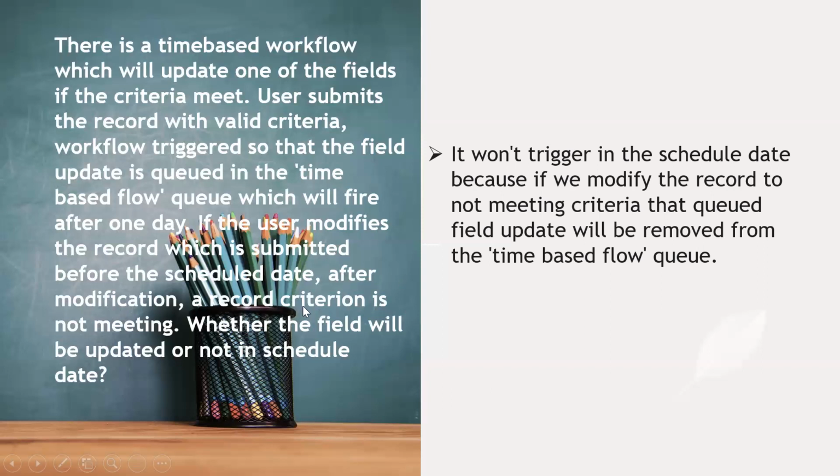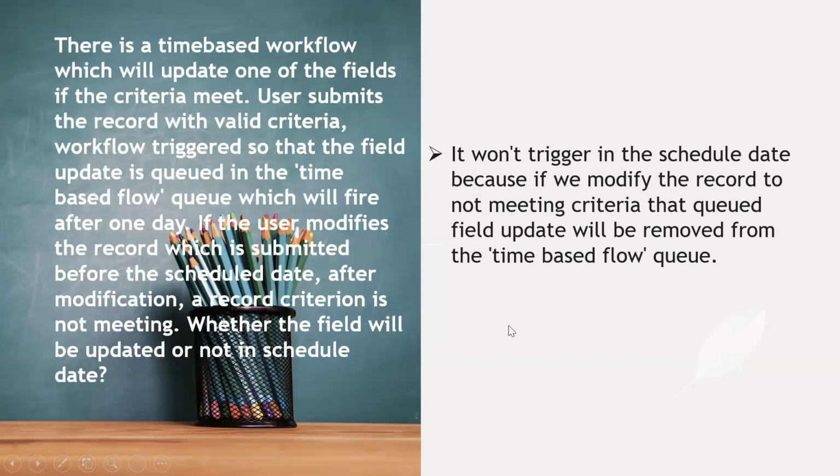After modification, the record criteria is not meeting. Let's say after I changed the record, my criteria is no longer met. Whether the field will be updated or not on the scheduled date? It won't trigger. Why?